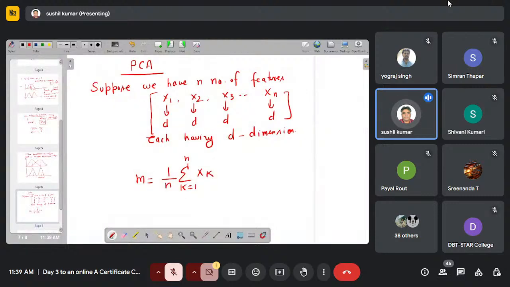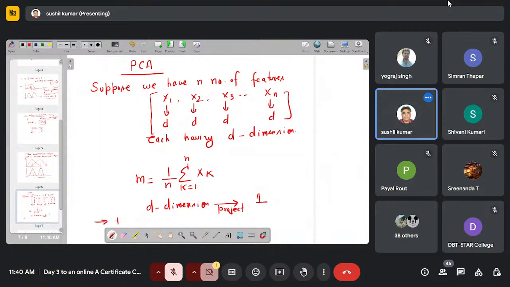So what will I do here? I have a d dimension vector, and I will project this d dimension vector to a 1 dimension vector.